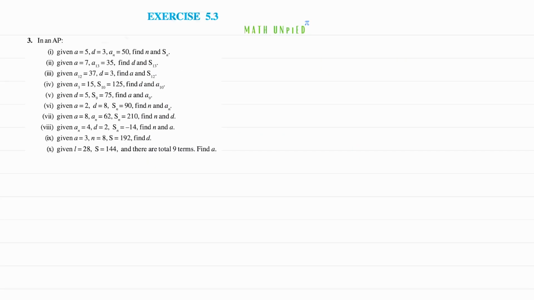Now let's move on to subdivision 4. Here a3 equals 15, S10, or sum of 10 terms, equals 125. We have to find d and the 10th term.